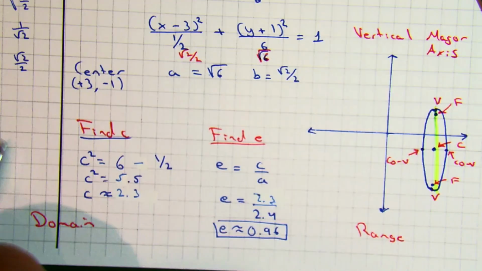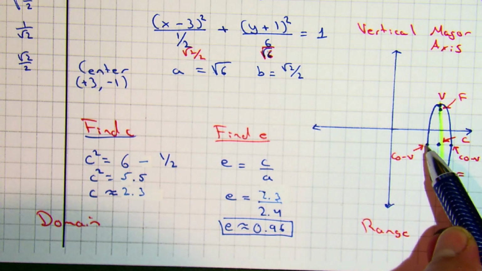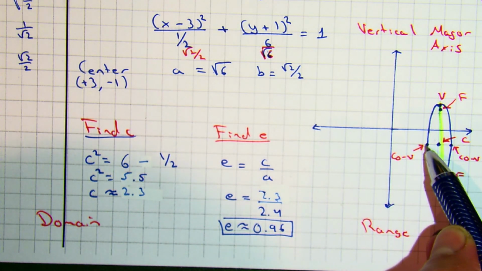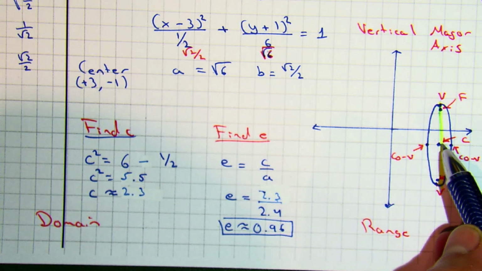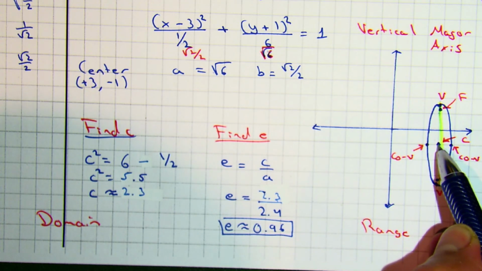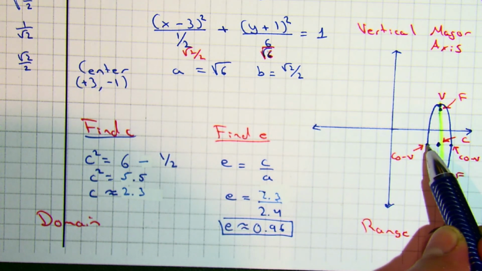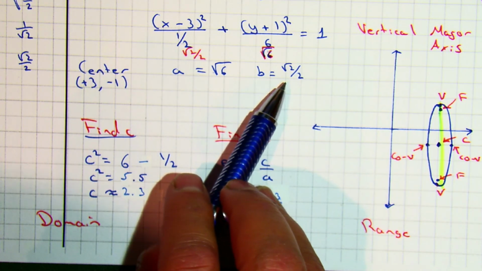So my domain, from where to where does it go? It starts here. So we're going to base ourselves to be able to get an exact domain. We're going to base ourselves from the center. So I note that to get from here, this is 3. And I'm going to subtract this distance. And we know that this distance is the square root of 2 over 2, correct?